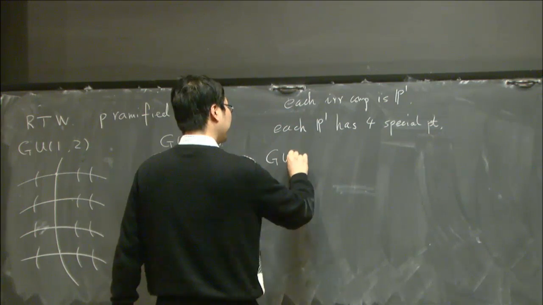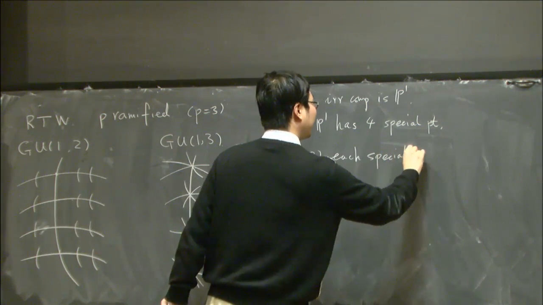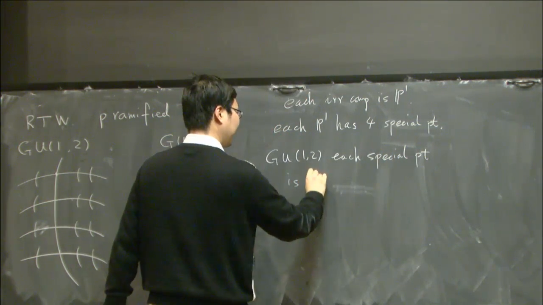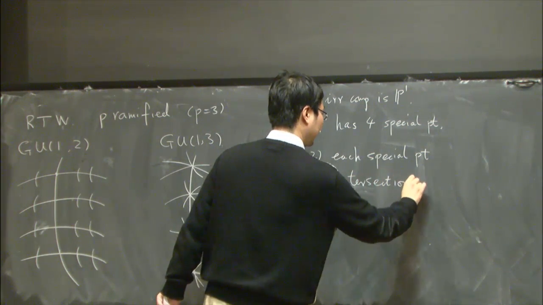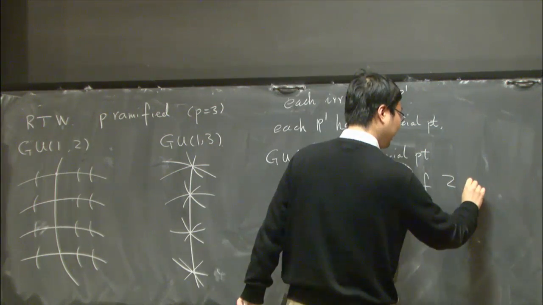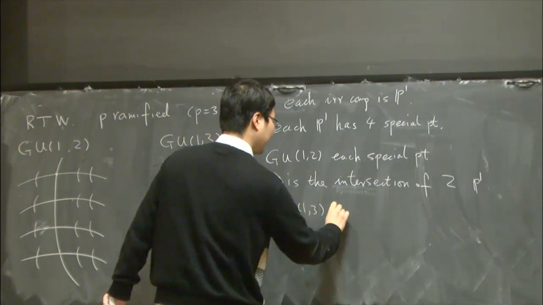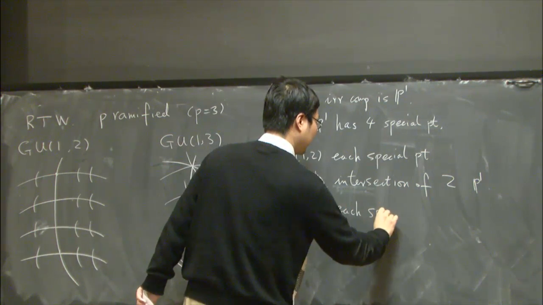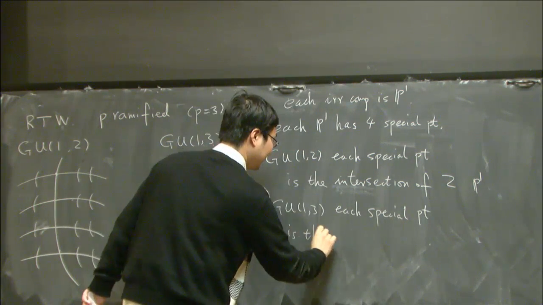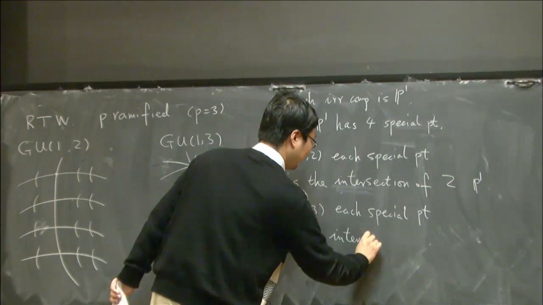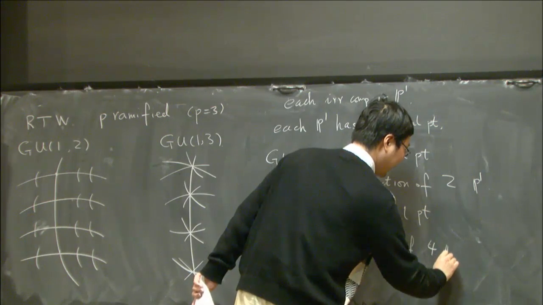So GU(1,2): each special point is the intersection of 2 P1s. And then GU(1,3): each special point is the intersection of 4 of the P1s.